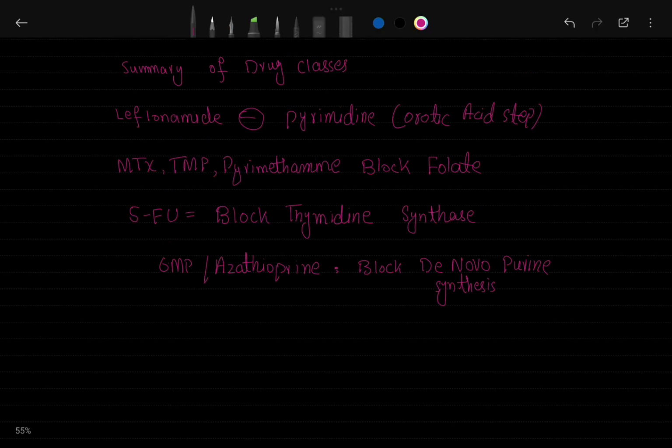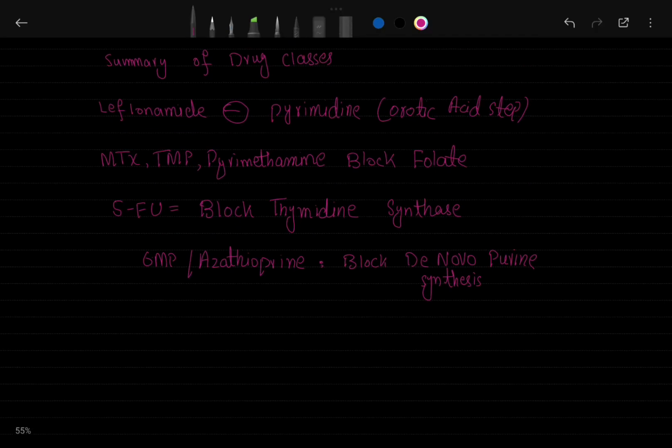Hydroxyurea blocks the conversion of all RNA nucleotides to DNA nucleotides, ribonucleotide reductase.